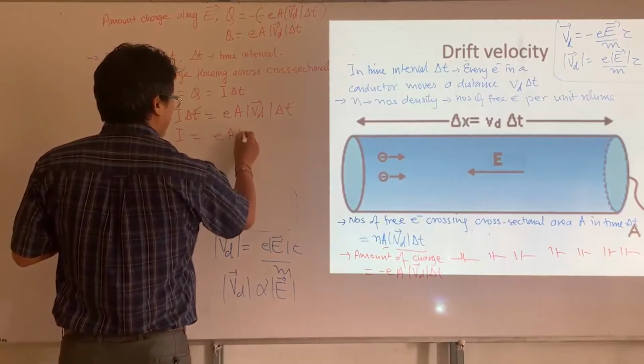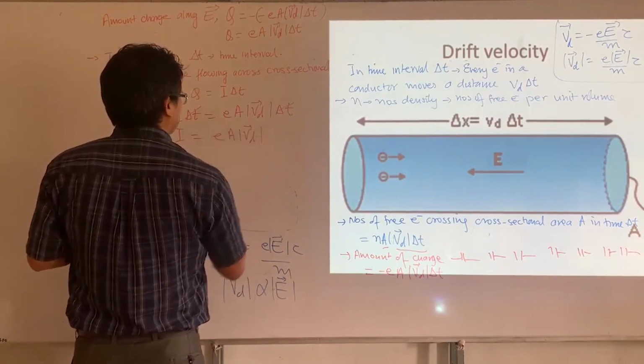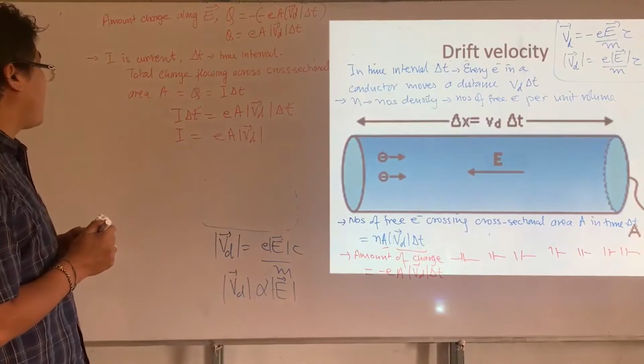This is what I have. This is how I relate the current and drift velocity.